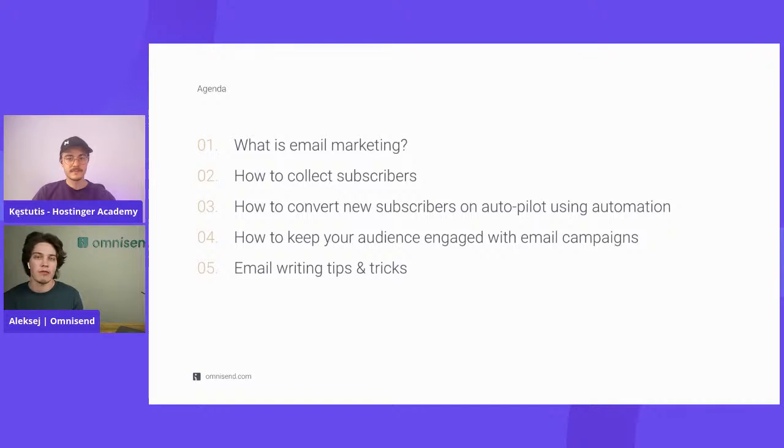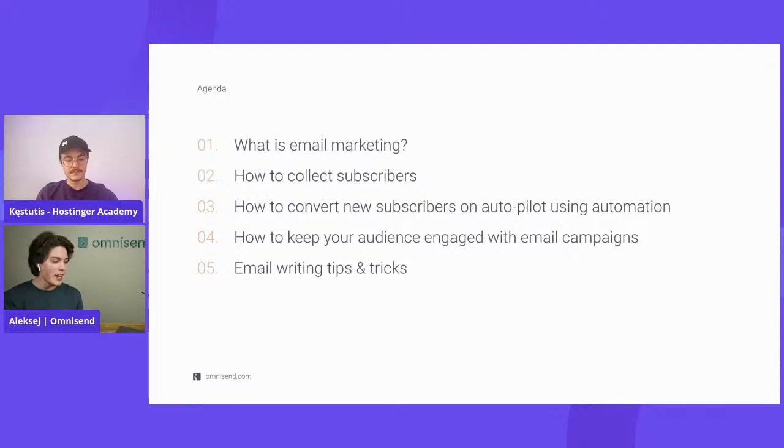It's very hard to get through, especially when you are a beginner. So I'm going to share some quick tips to help you know what to write your emails about. And I'm also going to share a bunch of examples from Omnisend customers and from across the internet as we go.